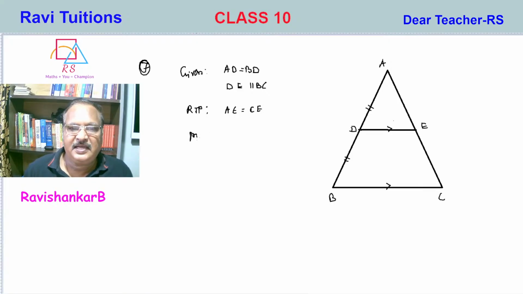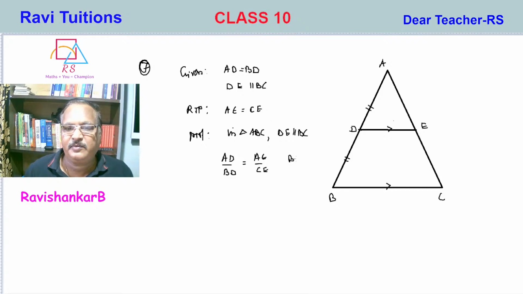So now let us have proof. I told you, whenever there is a triangle, a line parallel to one side, let us say in triangle ABC, DE is parallel to BC. This is given. So you can apply basic proportionality theorem here. So AD by BD is equal to AE by CE.